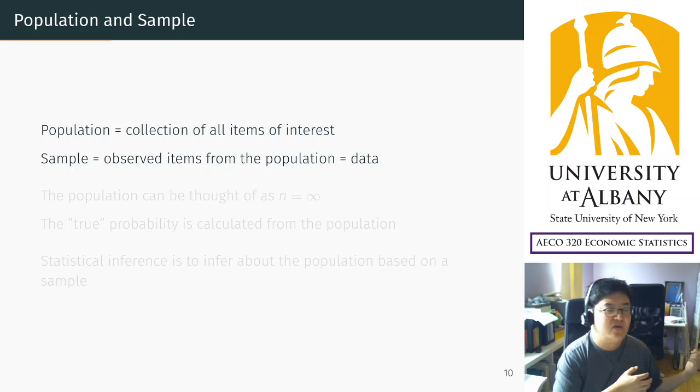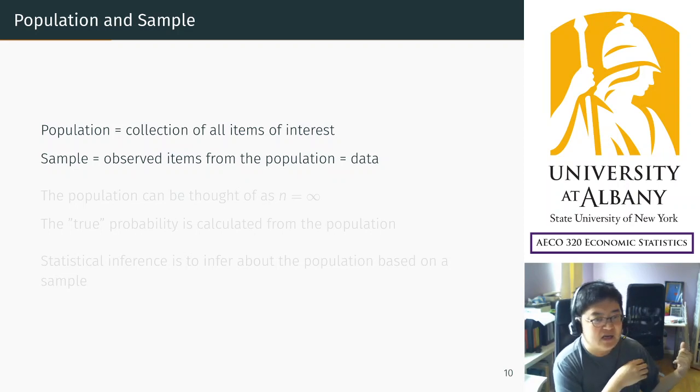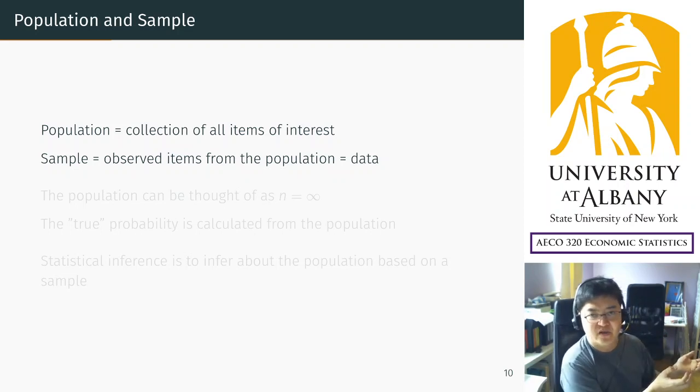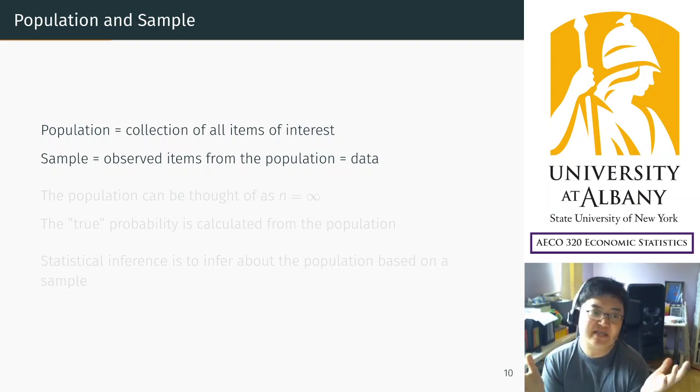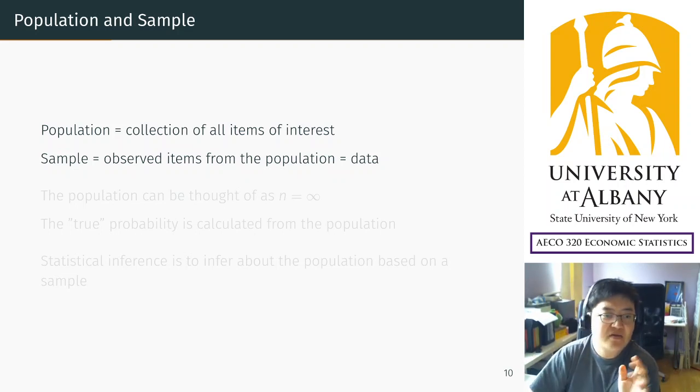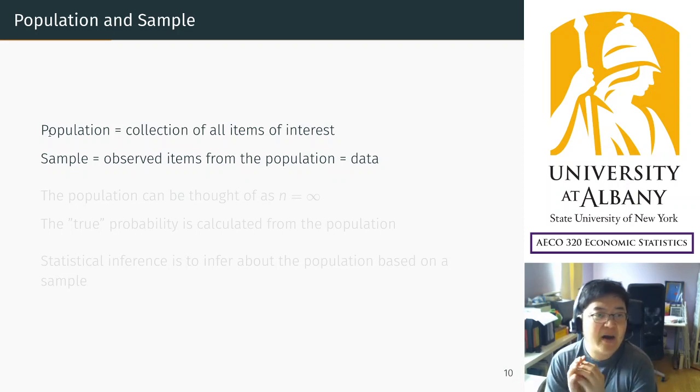On the other hand, the sample is a part of the population which is observed. So the sample is observed items from the population. That's data. The distinction between population and sample is the most important concept when you conduct statistical inference.